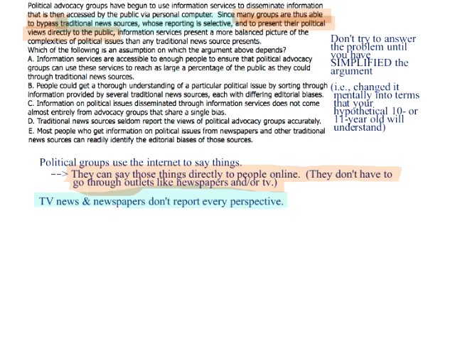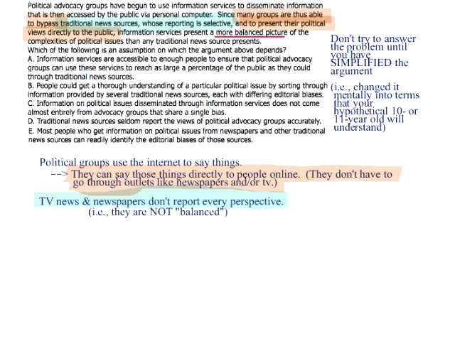So therefore, they are more balanced. The idea is that these other things are not balanced. And if you didn't think of that immediately, then when you get to the conclusion part of this, you should start thinking about it. What they're saying effectively about TV news and newspapers is that they are not balanced.